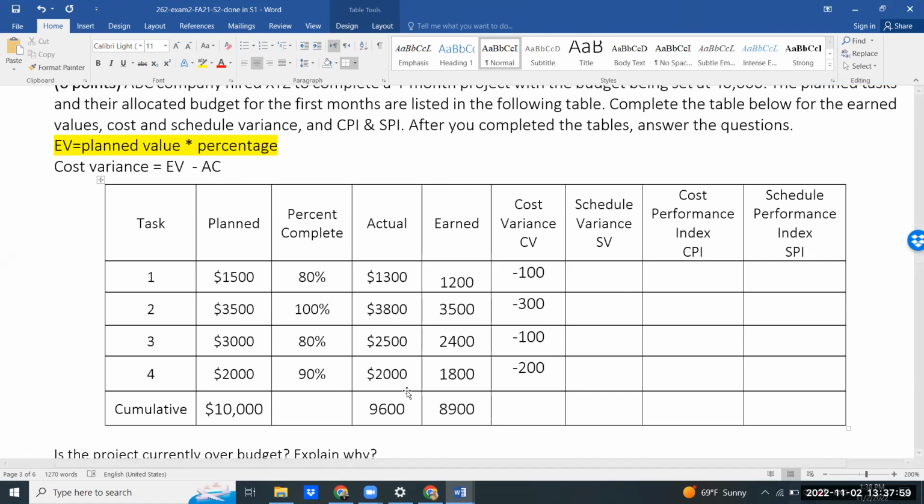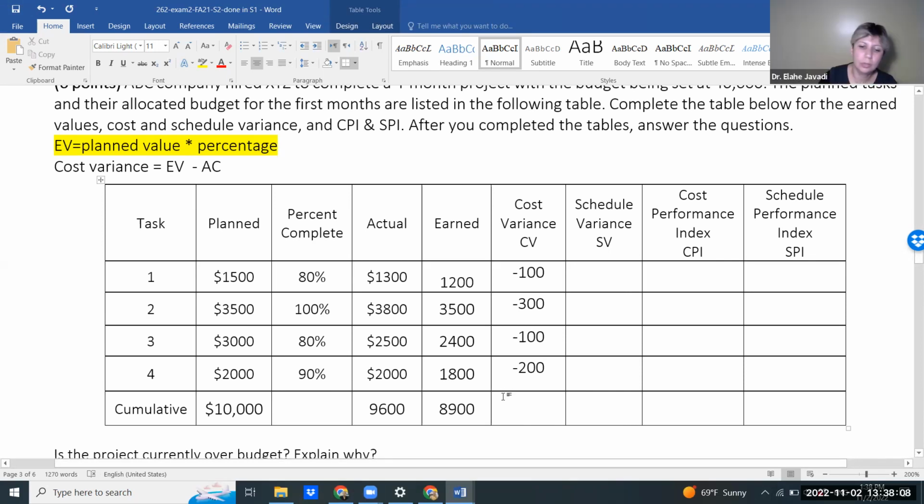Total of cost variance. Are we adding them up? No, add them up. This is still addition. Minus 700. Yes. Good job.